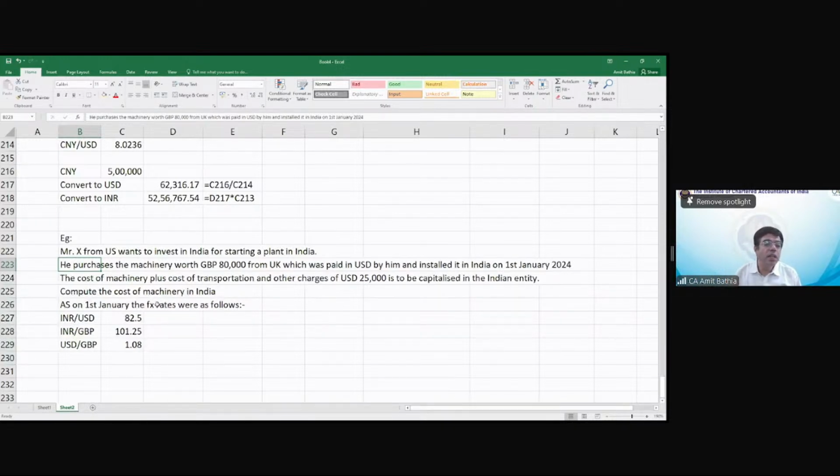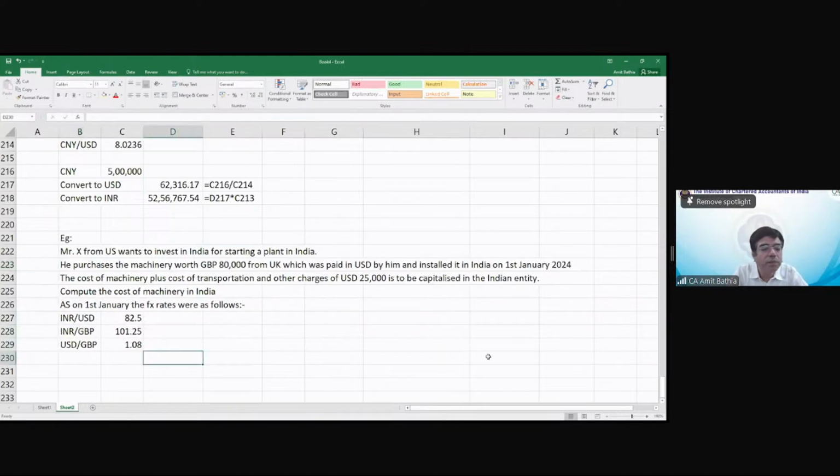Now, as on 1st January, the FX rates were as follows. First and foremost, what is important is that he has purchased machinery worth GBP 80,000 from UK. However, it was paid by him in USD, right? So here the conversion will be INR to GBP or USD to GBP. Which conversion rate we will have to use?